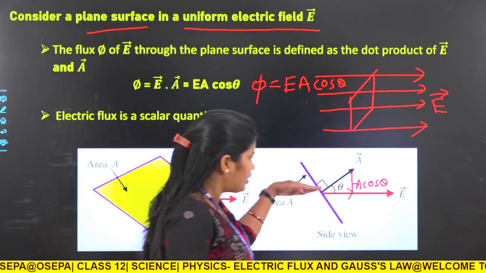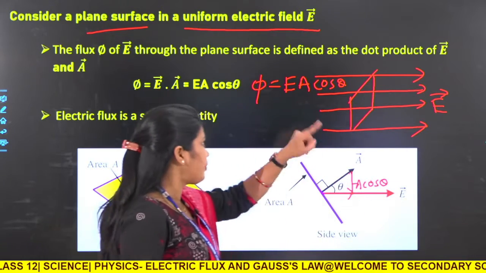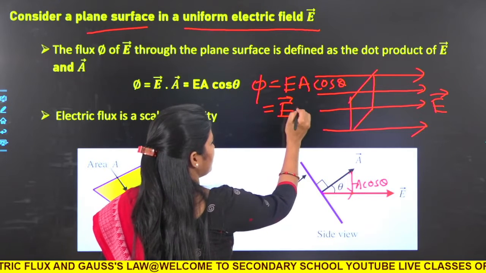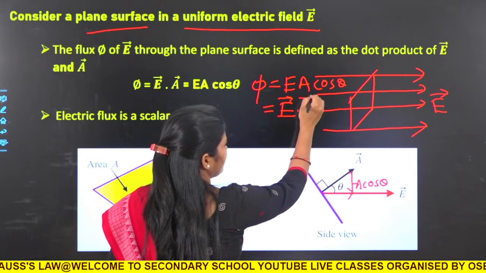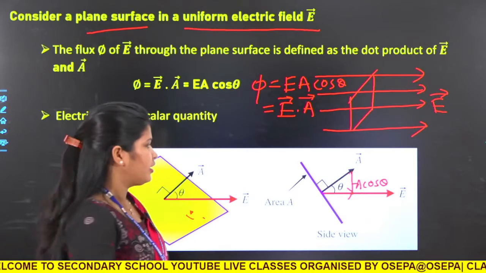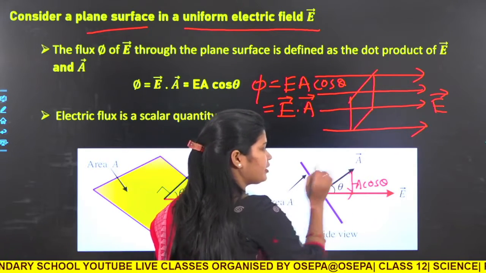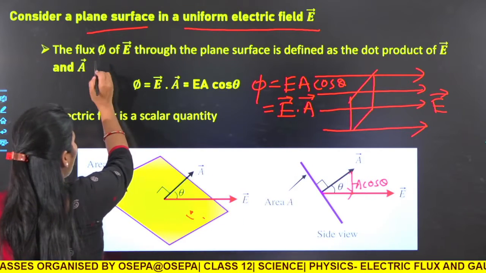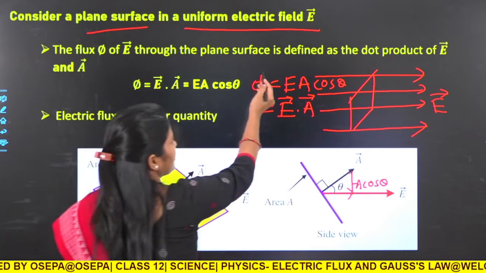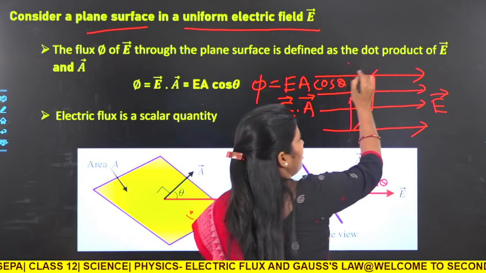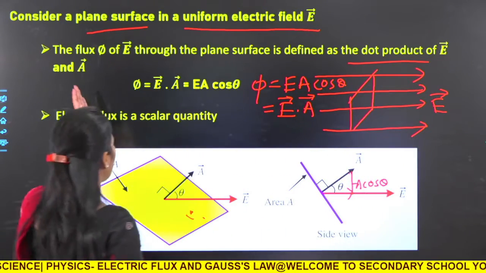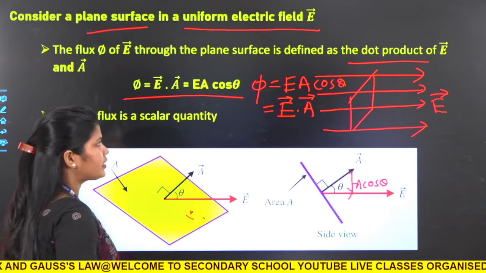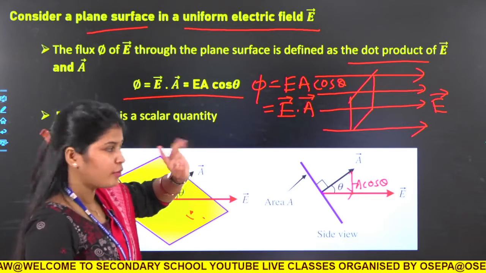So E A cos theta we can represent as the dot product of E vector and area vector A. It is written here that the flux phi of E through the plane surface is defined as the dot product of E and A. So phi is equal to E dot A, that is E A cos theta. What is theta?